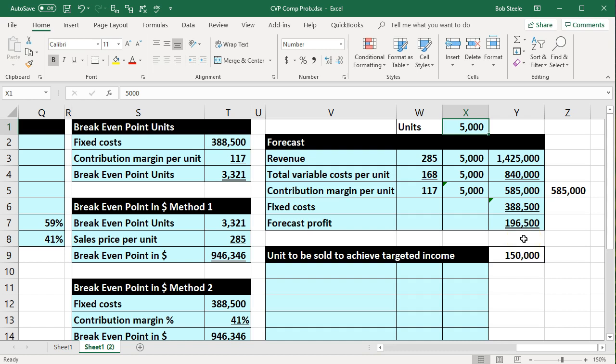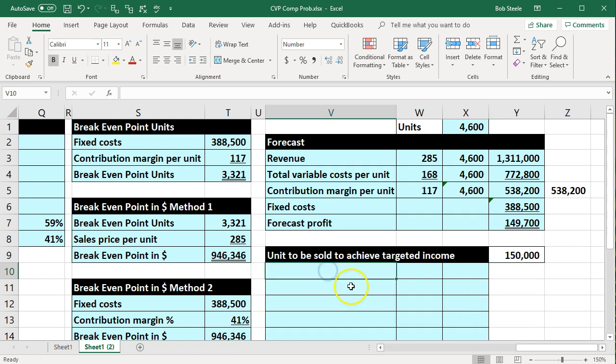What if I changed this and made it 4,000? Now it's too low. What about 4,500? Now it's getting close. It needs to go up a little bit. How about 4,600? And so on. That's pretty close. So we could do that. But if we want to do it exactly and go to this number, we can do a pretty simple calculation, very similar to the break-even point type of calculation.